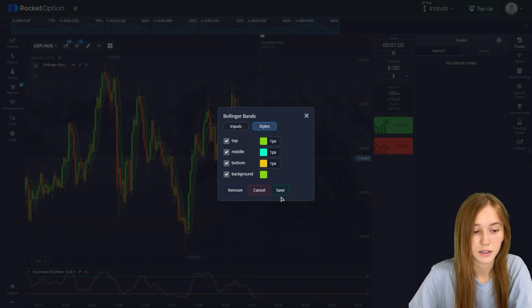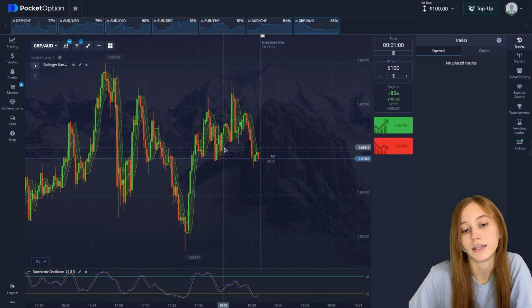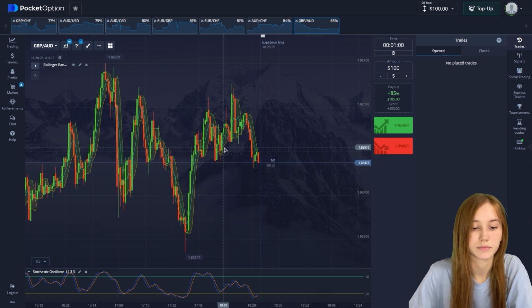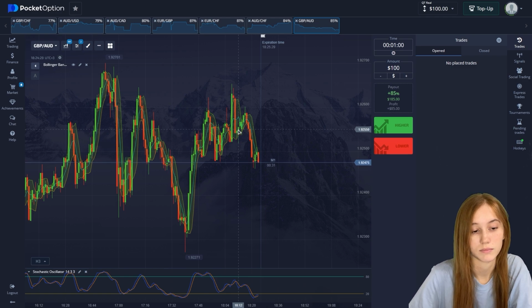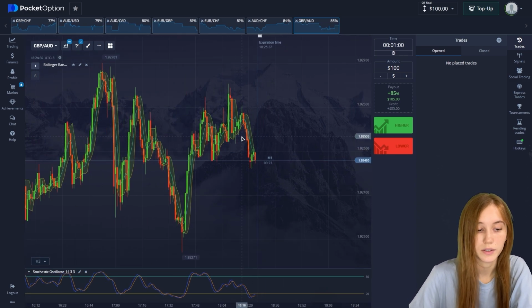And the second is the Stochastic Oscillator, and its parameters you can also copy if you wish. My parameters are its default settings, if I'm not mistaken. This is our technical analysis indicator.